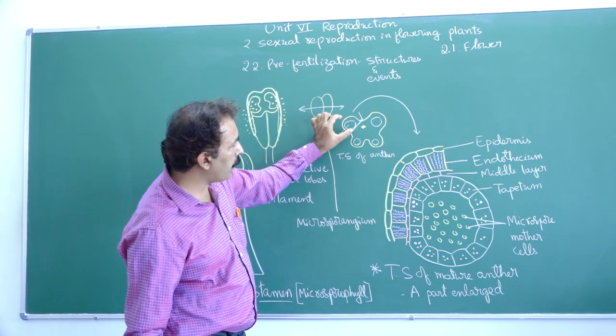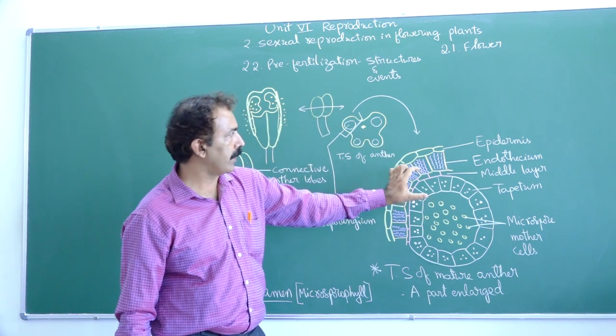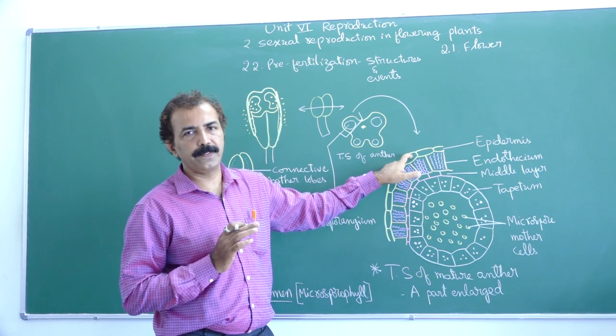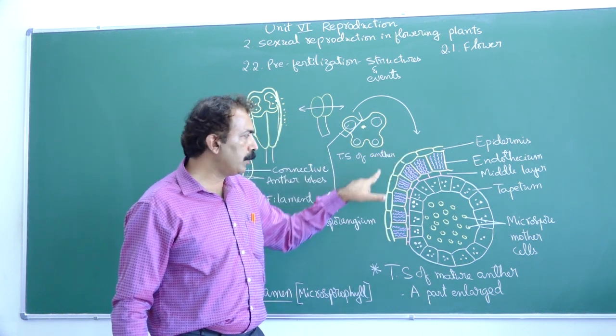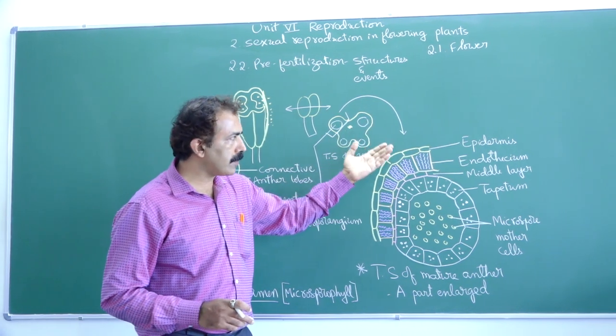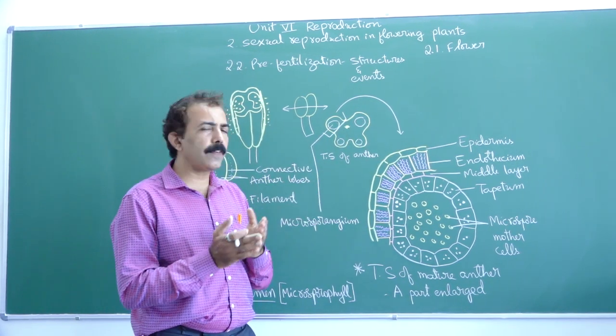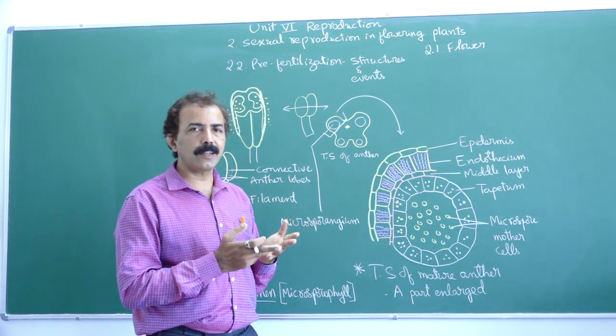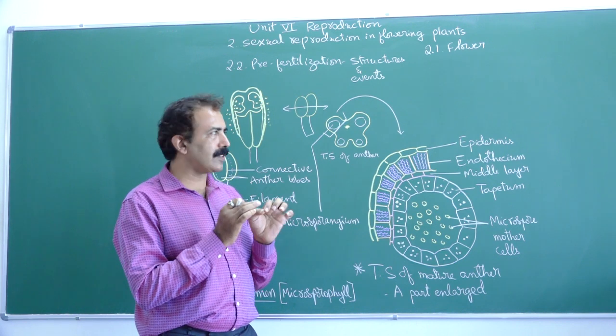I have enlarged a part of this anther. I have given you the details of various types of cells. The outermost layer is epidermis. This is quite obvious. You have studied the same term with respect to every other plant part. In root, stem, leaf, we use the same term.